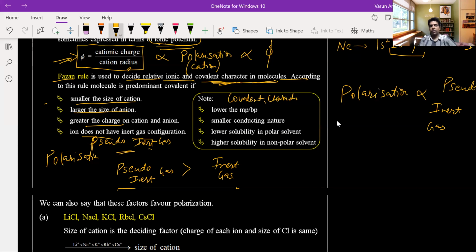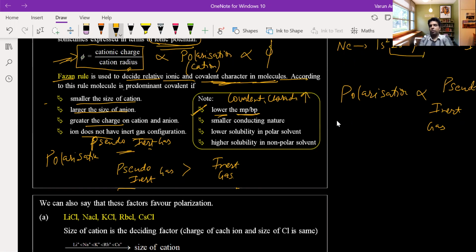Now more is the covalent character, then now you know ionic compounds have more melting point and boiling point. So if the covalent character is increasing in that ionic compound, the melting and boiling point will be lower.